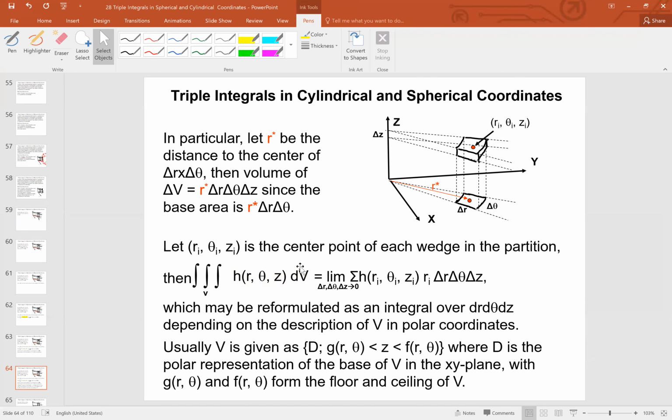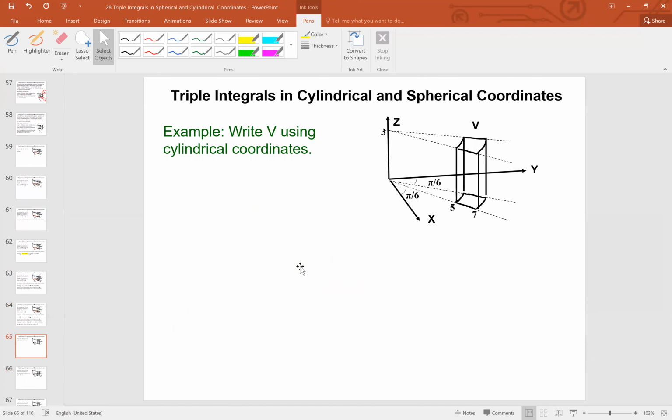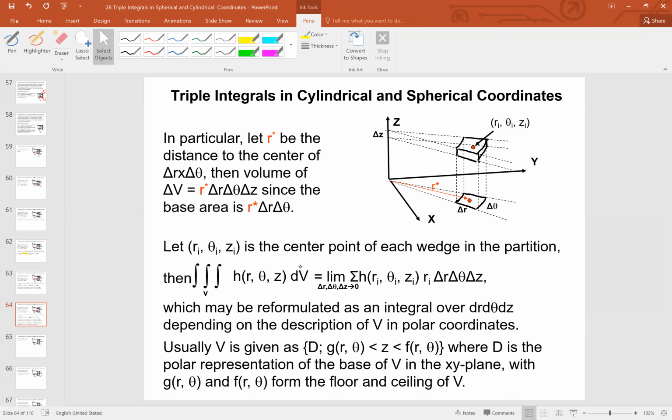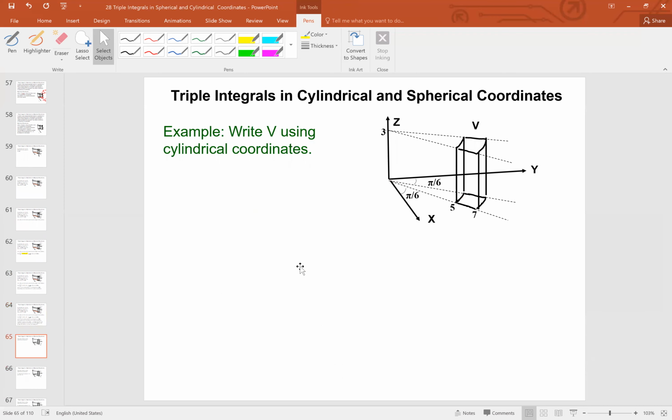So first, let's describe a couple of solids. In order to do this, we're going to change these triple integrals into iterated form, dr d theta dz or whatever, depending on which one, or d rho d theta d phi. We need to do iterated integrations. So here's the algebra for doing it.